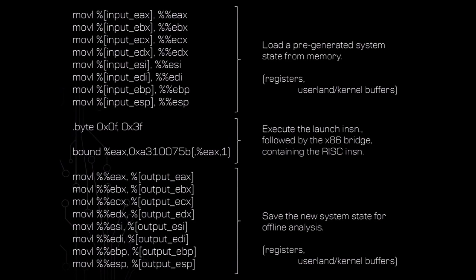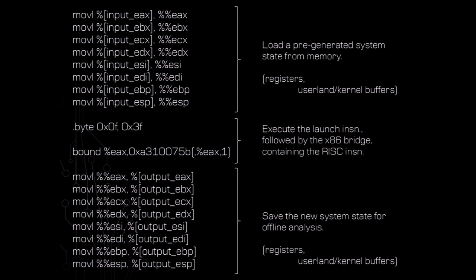So what that means is we could do something like this, and this is just sort of a rough summary. We could generate a processor state, so we could generate some buffers in kernel memory, generate some buffers in user memory, generate a state for all of the processor registers, and we could load that state onto the processor. After we've loaded up this state, we'll execute the launch instruction, followed by an x86 bridge instruction.